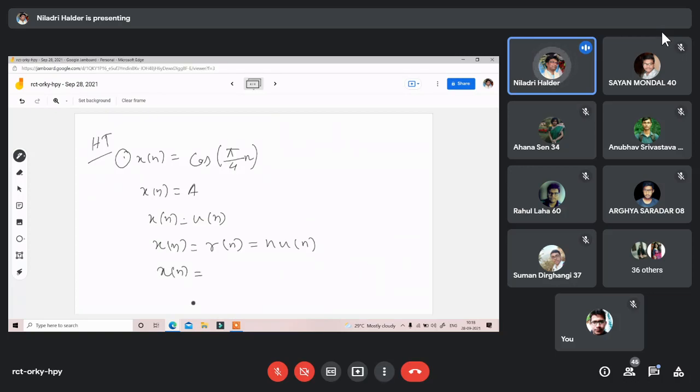Xn equal to delta n. Xn equal to simply small n for 0 less than or equal to n less than or equal to 5. So try this type of example at your home, whether these are energy signals or power signals, you need to calculate. Okay.